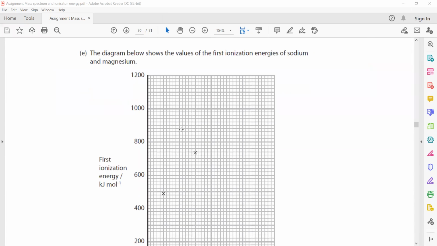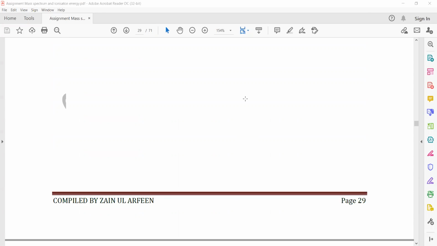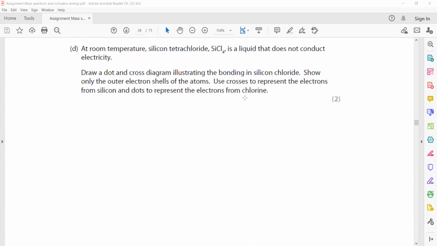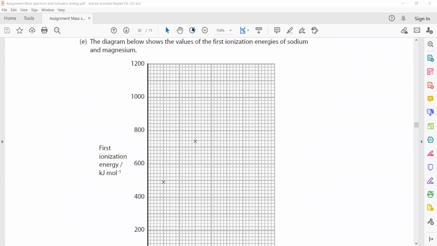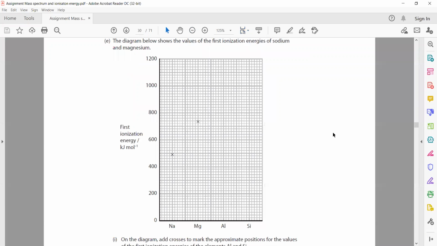It will be tetrahedral, but we just need a dot and cross diagram. So in a dot and cross diagram, we don't have to represent the bond angle. If they say draw the structure and show the bond angle, then you will represent it.